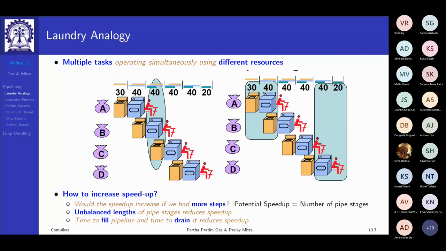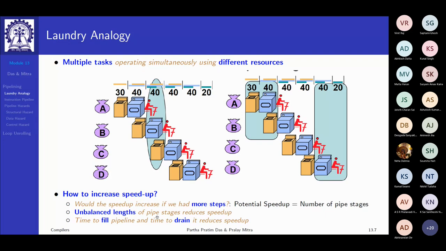But in general, the more number of steps we can have, the more overlap of tasks by different resources will be possible. So naturally, the throughput would be better. So the potential speed up that we can get is actually the number of pipe stages. Obviously, we cannot get a speed up more than that, because the number of pipe stages basically tells us what is the maximum stuff that can be done in parallel at a time.